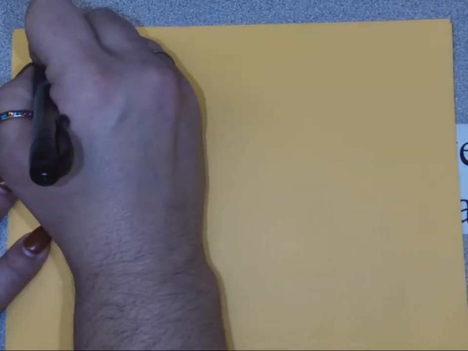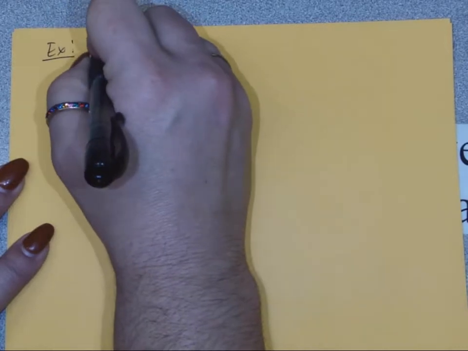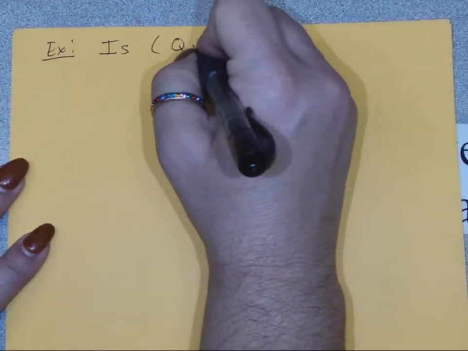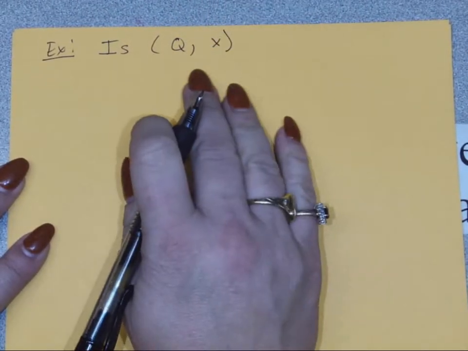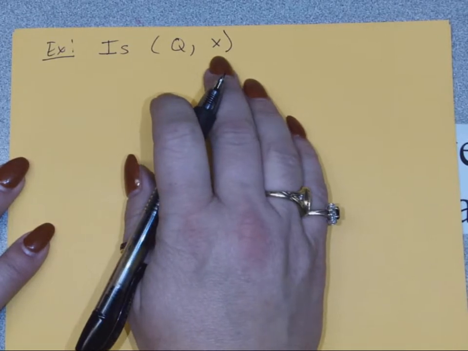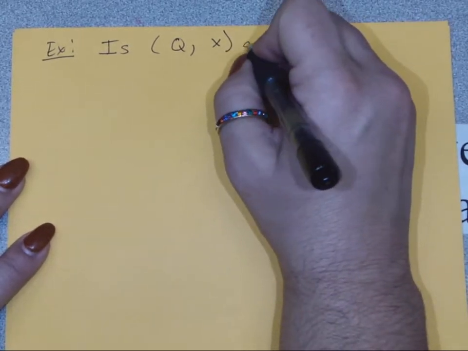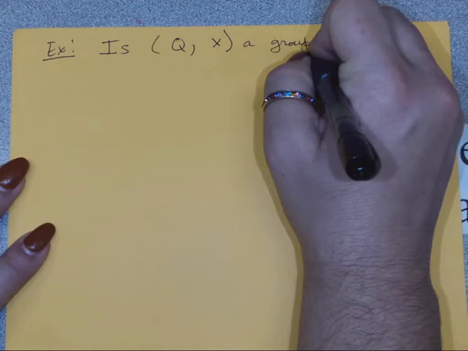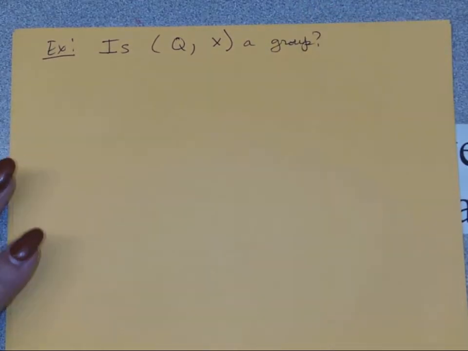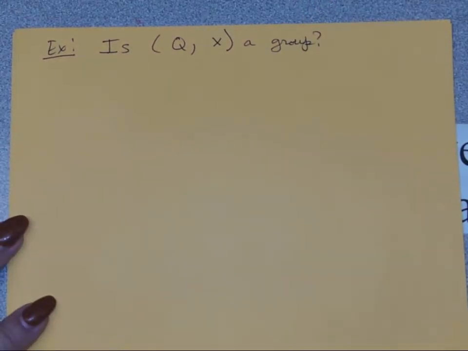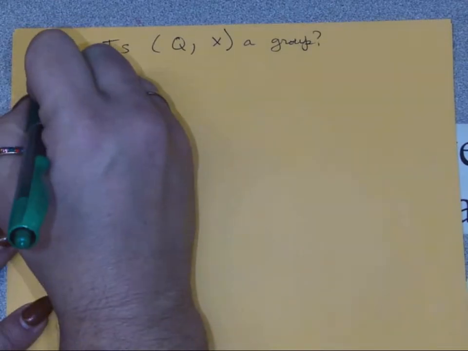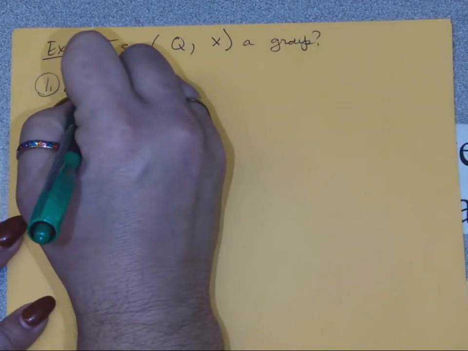All right, so yep, that's a group. All right, next example is, my group is Q, comma, multiplication. Is it a group? Hopefully we remember what we talked about the other day. Number 1, associative.